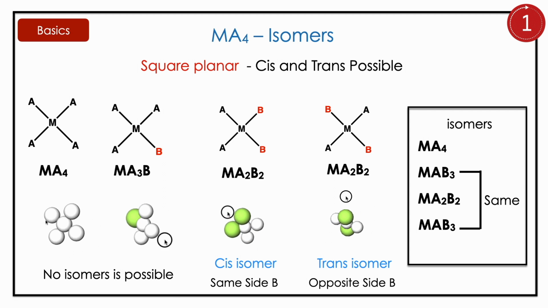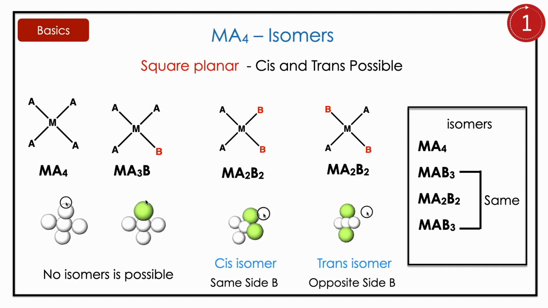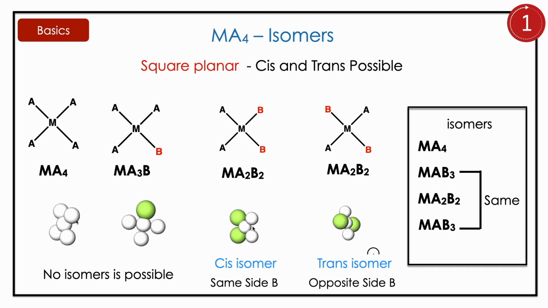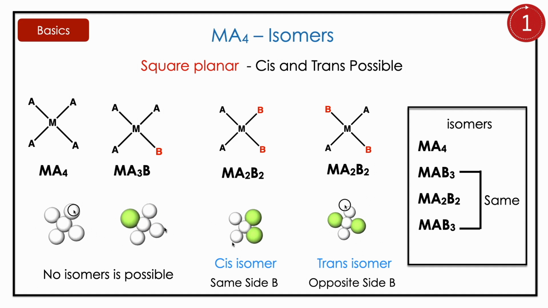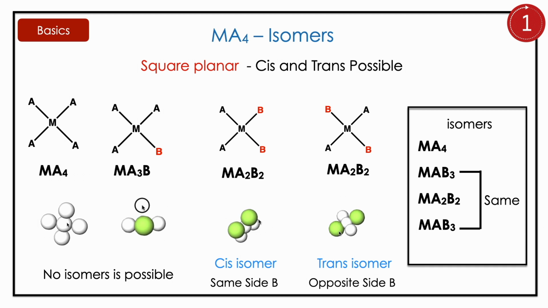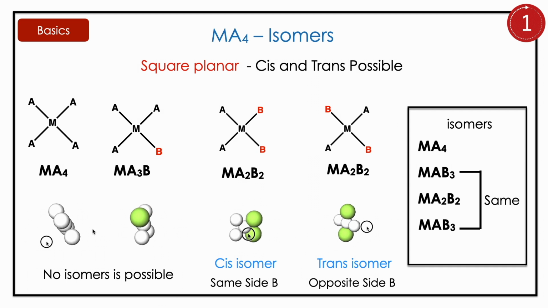Then ML4 different possibility, square planar structure. Tetrahedral has no geometrical isomer. Here it has two possibilities, cis and trans. First we will see MA4 structure, no isomers. Then MA3B structure, planar, no isomer.